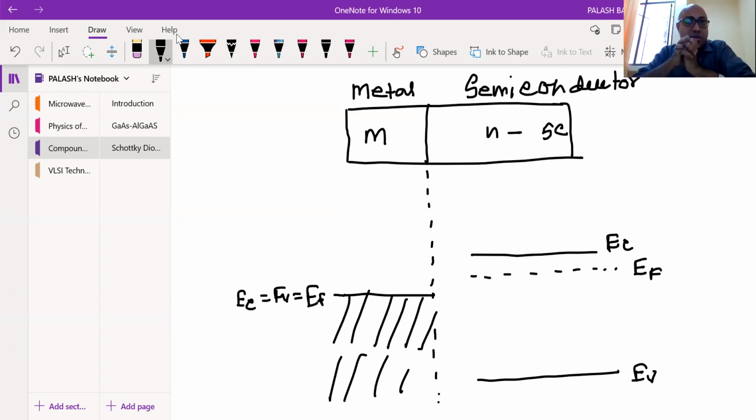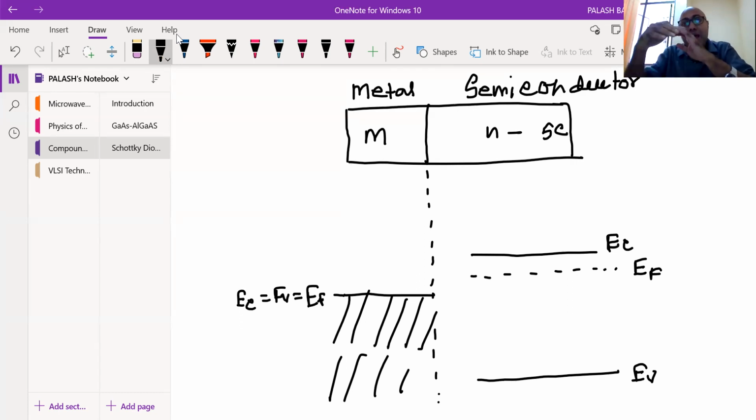Whatever, you don't need to bother about this part. If you follow a couple of rules, then whatever the position of the semiconductor, you don't need to worry, because you can draw the band diagram. You only need to follow a few rules.